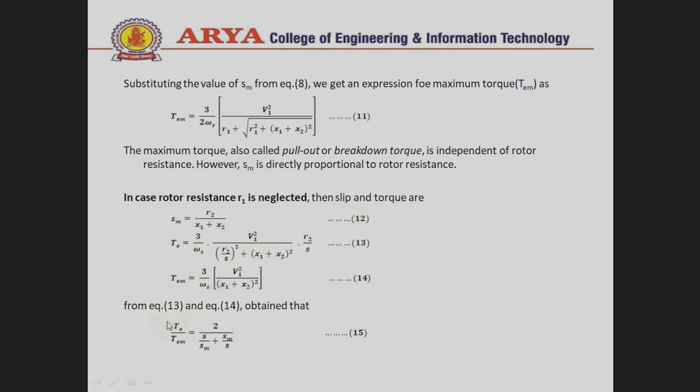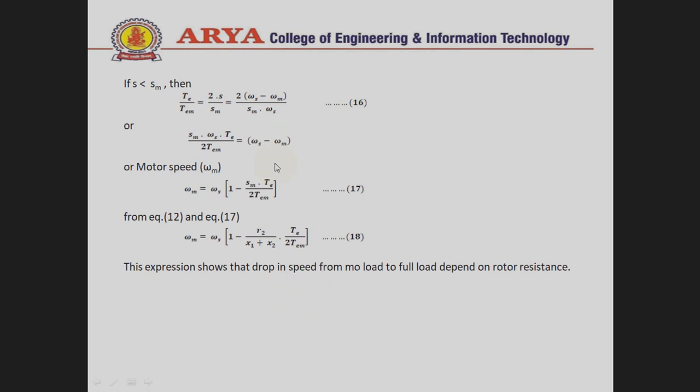And now if we calculate the ratio of developed torque upon the maximum torque, we find this equation. Here we put the values of S and Sm and further simplify this equation, then we find the motor speed omega m is equal to the synchronous speed times 1 minus Sm Te upon 2 Tem, and we put the value of Sm from equation number 12, then we find this equation.